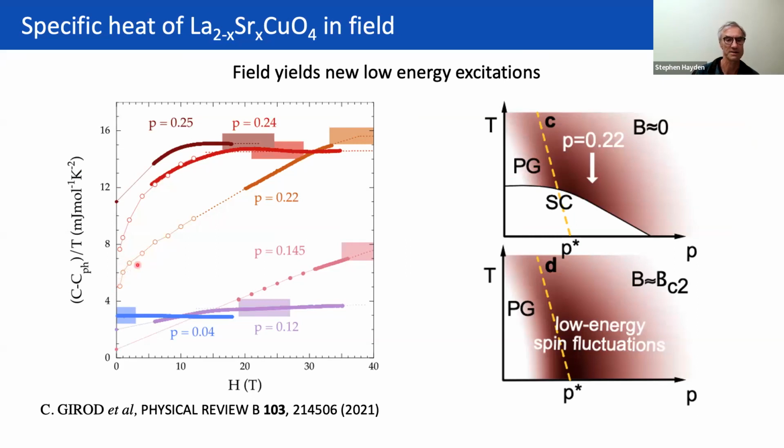This is the sample we looked at, well, the same composition at least. Peak was 0.22. You can see they've gone up to 40 Tesla here, and the gamma increases rapidly as you get new low energy excitations as you put the field on, as you'd expect.